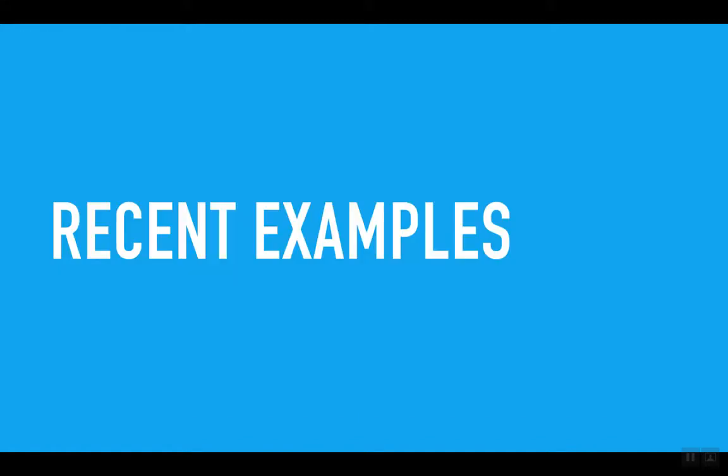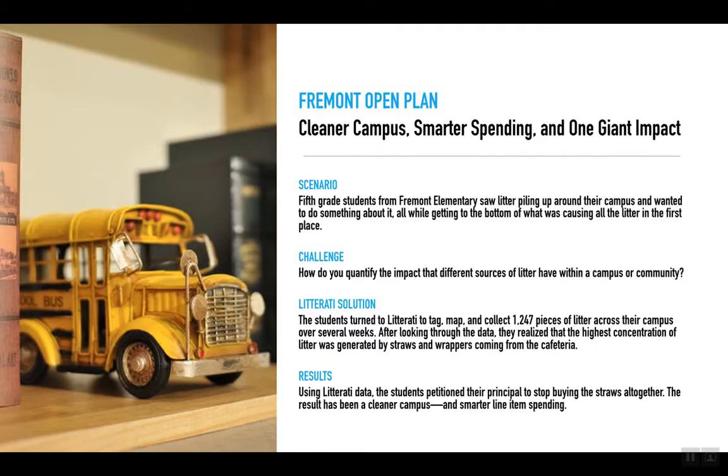So we have some examples, and I've just picked out 2. This first one, if you've seen the TED Talk, is the one from there. This is a school in Fremont, California, where the students went out and picked up 1,247 pieces of litter across their campus.